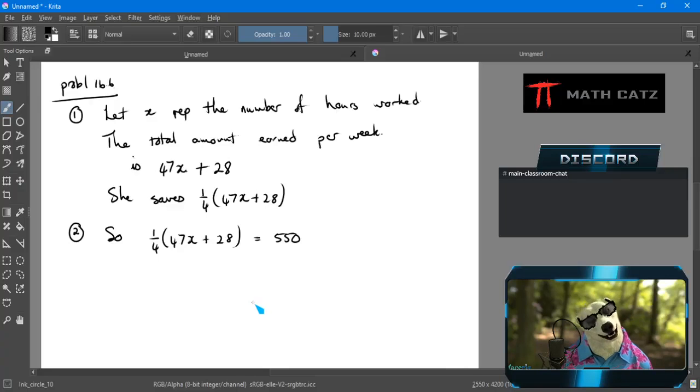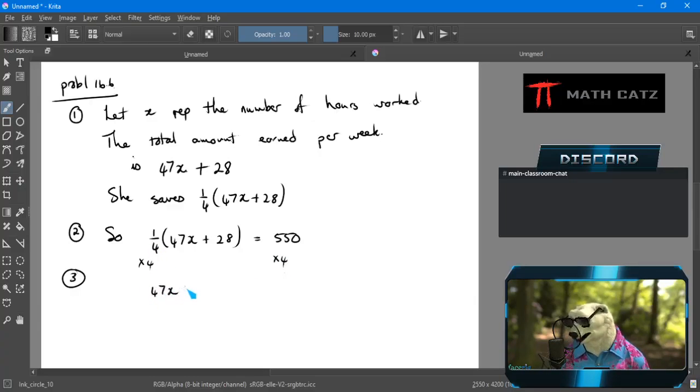Equation done. Do I care about the answer? No. I just set up the equation to translate and capture the information. Now within that mathematical language, I'll simplify. I don't love the fraction in this case. I can multiply both sides by 4 to get rid of that fraction.